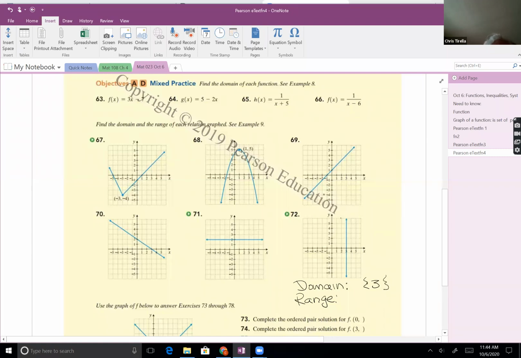And there's an arrowhead in the other direction, so there's no highest point, it keeps going up. So here the range would be all real numbers. Every number, because it keeps going up like my number line does. Does that one make sense?